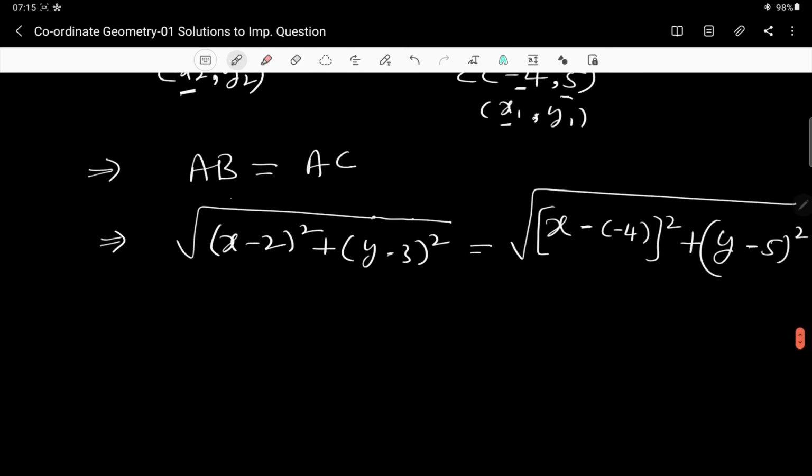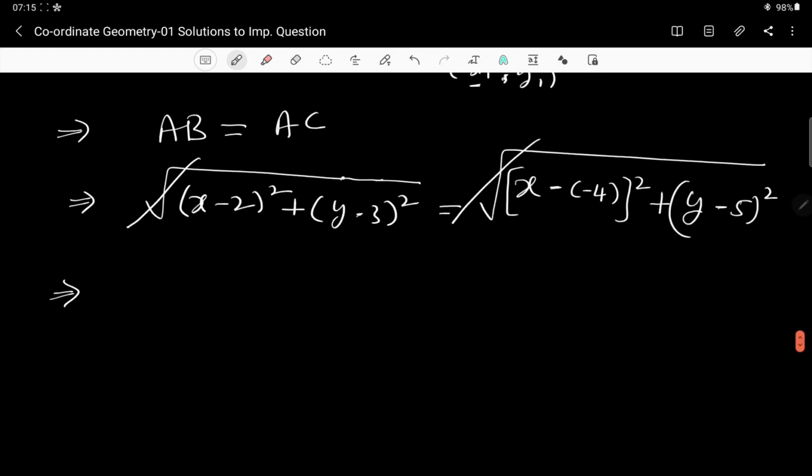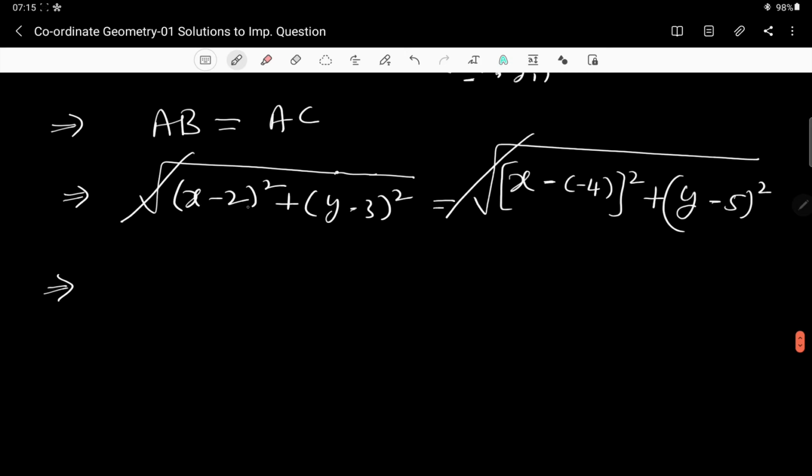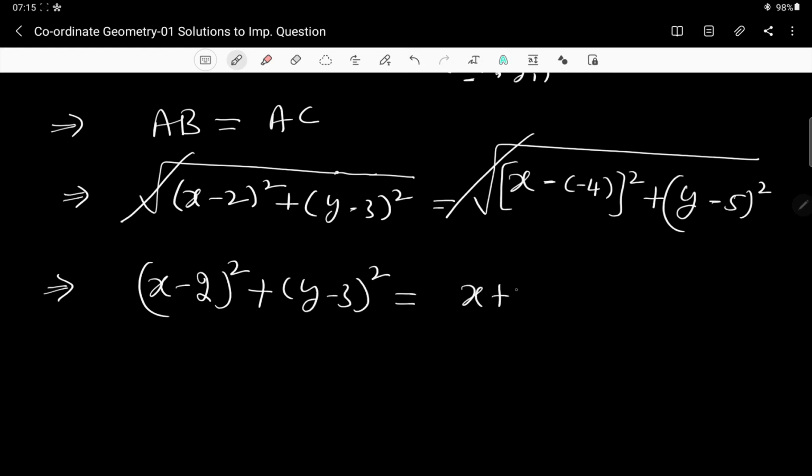So here square root and square root will get cancelled, and afterwards I am going to have (x minus 2) whole square plus (y minus 3) whole square is equal to (x plus 4) whole square plus (y minus 5) whole square.